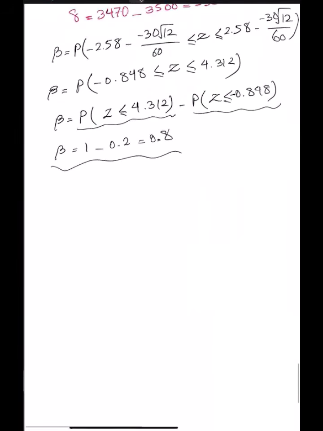And then in part C, it says, suppose that you wanted to reject the null hypothesis with probability of at least 0.8 if mean strength equals 3470. What sample size should we use? Okay, so again, our null hypothesis is still mu equals 3500.